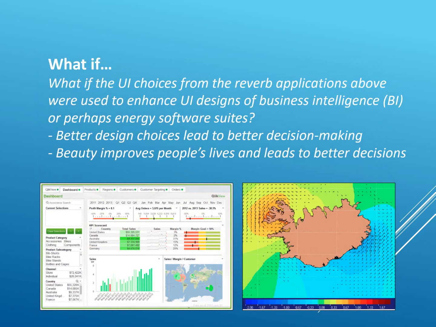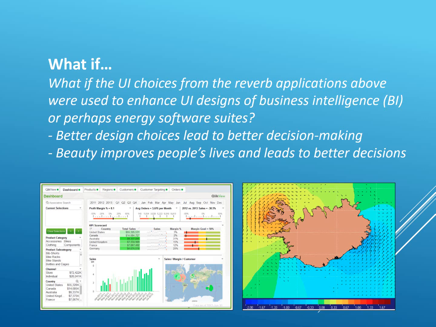But what if these user interfaces, or the choices made here, the design principles from a music software interface, were used to enhance the UI designs of, say, BI software, or perhaps energy software suites, like pictured here? I think that would lead to much better design, and to much better decision making because of the better design choices.